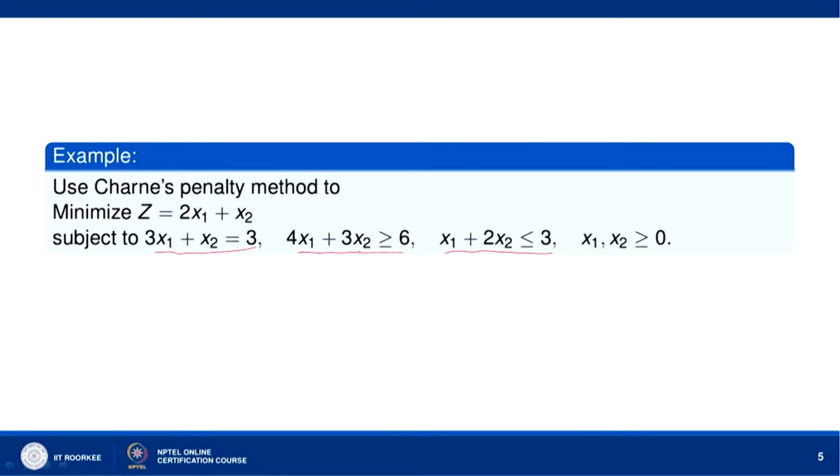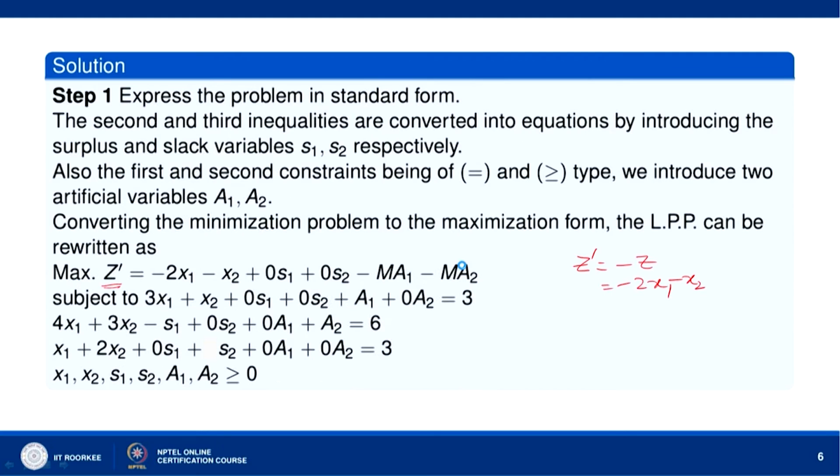The second is of greater than or equal to type, so we subtract a surplus variable S1 and add an artificial variable here, and in the third we add a slack variable. So, S1 is the surplus variable, S2 is the slack variable, and A1 and A2 are artificial variables which have been given the value minus 1, that is the penalty minus M.